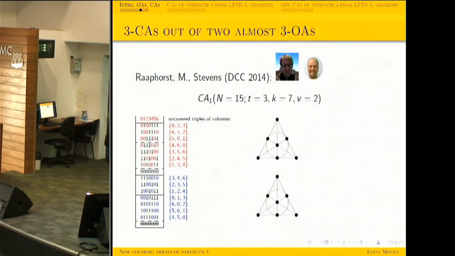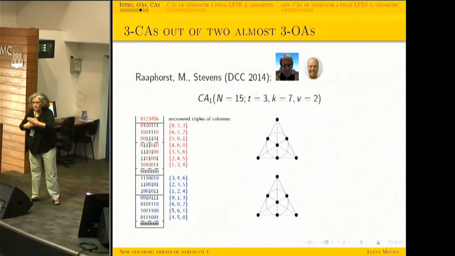So in this earlier result, more than 10 years ago, with Sebastian Raaphorst, who was my student, and Brett again, we constructed covering arrays of strength 3 using 2 of those almost strength 3 things.